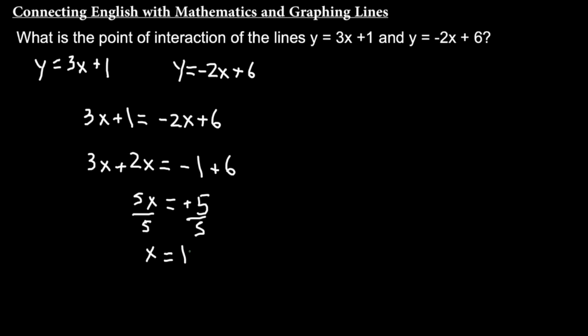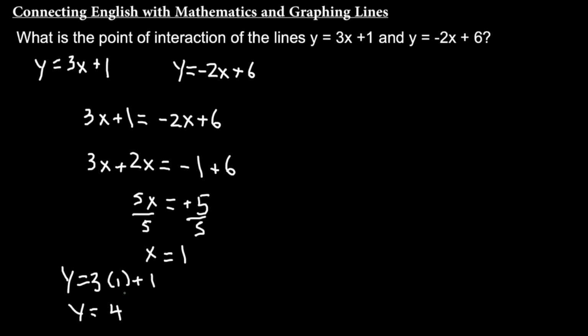So we'll substitute x equals 1 into whichever equation we feel like. Let's just use the equation on the left. We get y equals 3 times 1 plus 1. 3 times 1 is 3, plus 1 is 4.